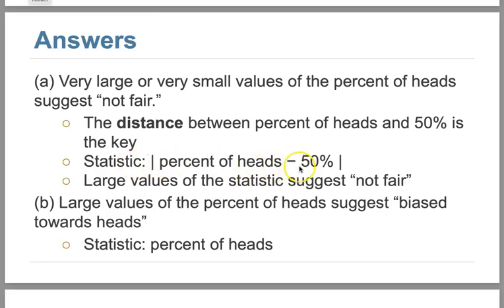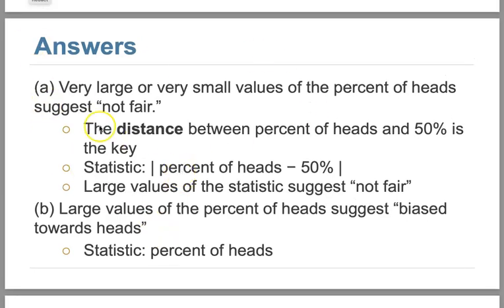If so, the coin is not fair. A large value suggests bias toward heads. So that's discussion question A. The better choice for the statistic is the distance between 50% and the heads percent.